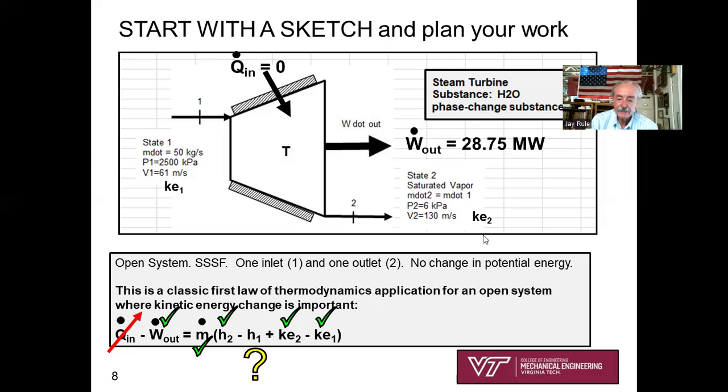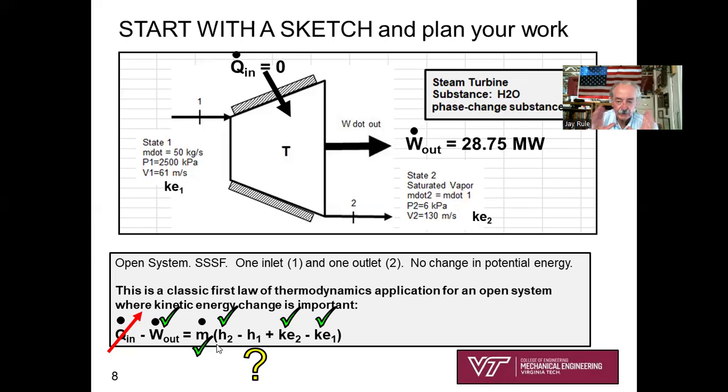All right, let's see how the first law can help us. We're trying to find T1. That's what we don't know, T1. Let's write down the first law and study what we can figure out from it. Steady state, steady flow, one inlet, one outlet.